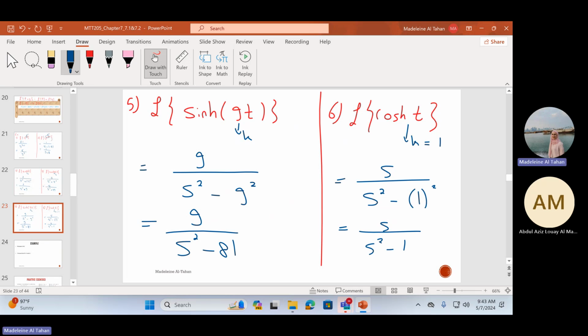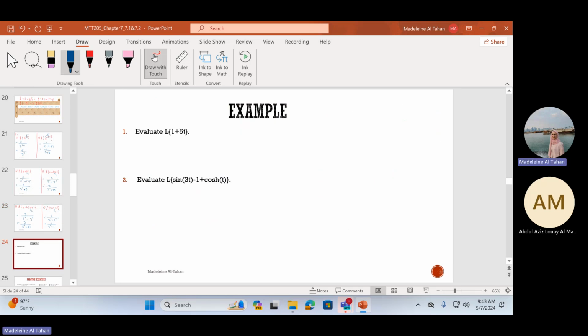Any questions before we proceed? Now do these ones. When we have a plus between them, what can we do? Separate. So separate them.